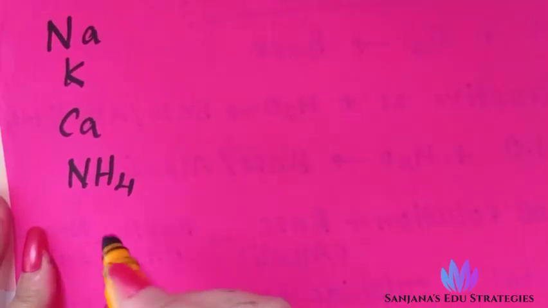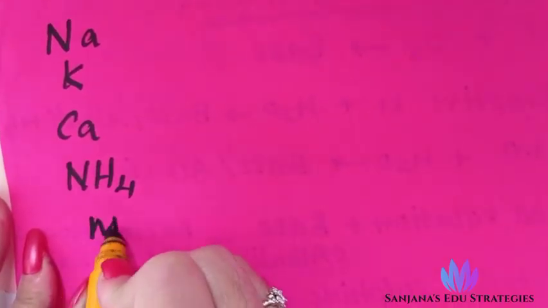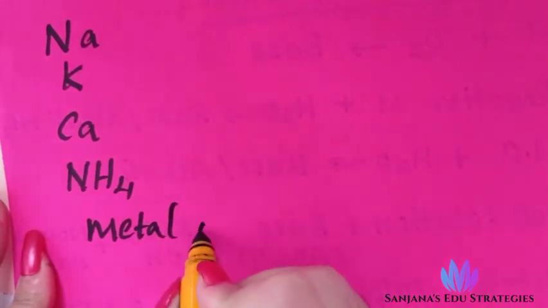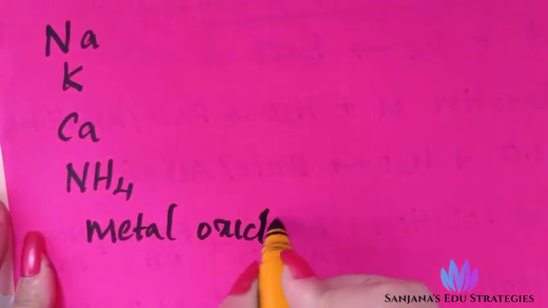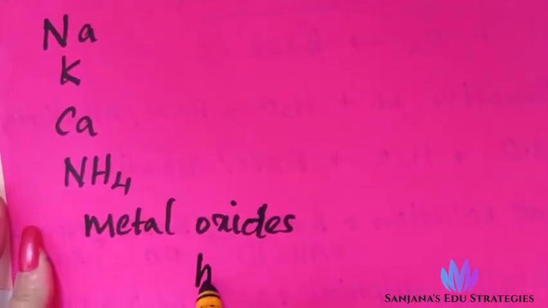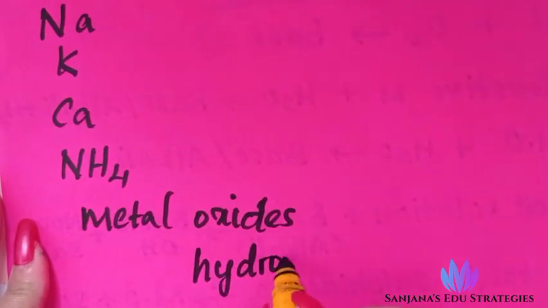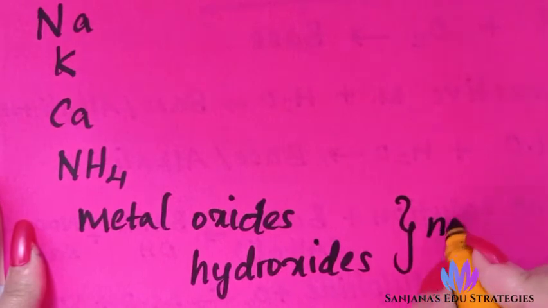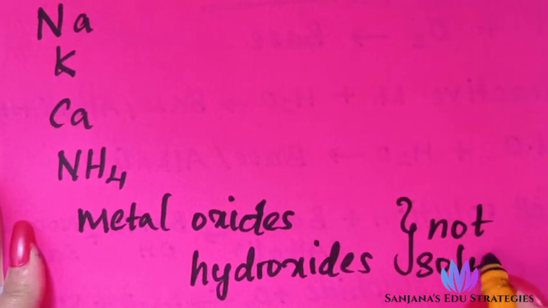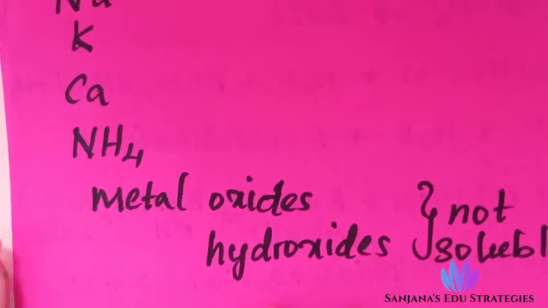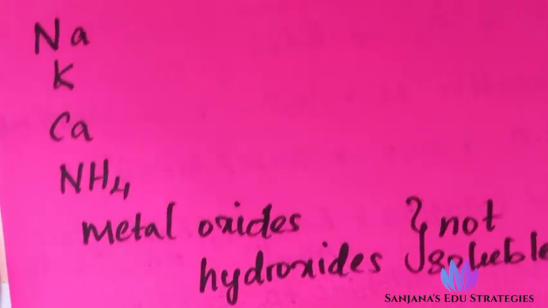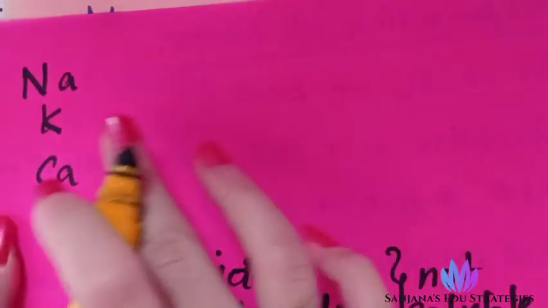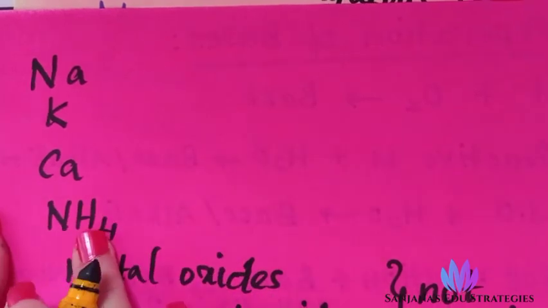All metal oxides and metal hydroxides are not soluble in water, but there is an exception: sodium, potassium, calcium, ammonium.